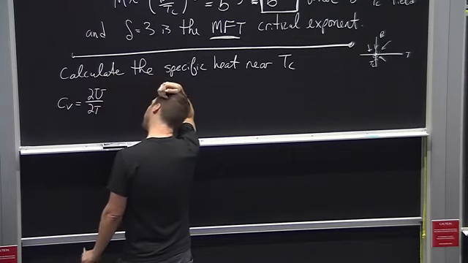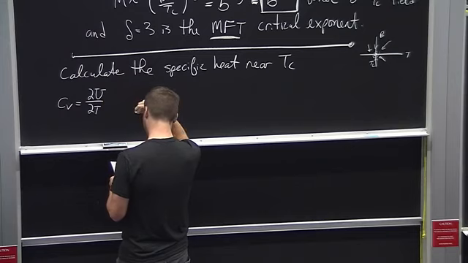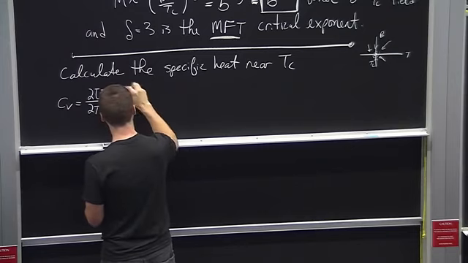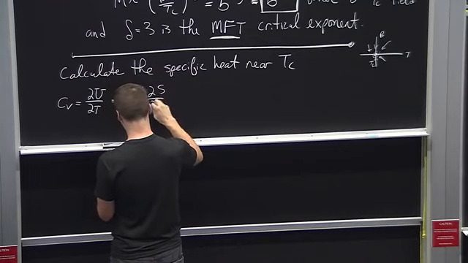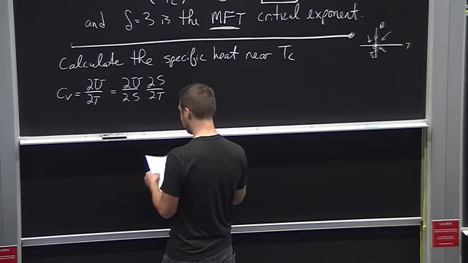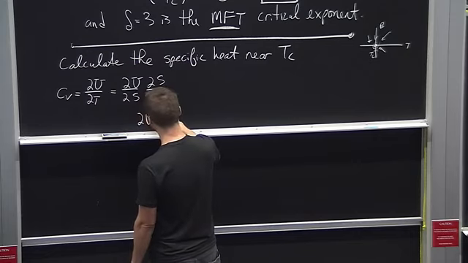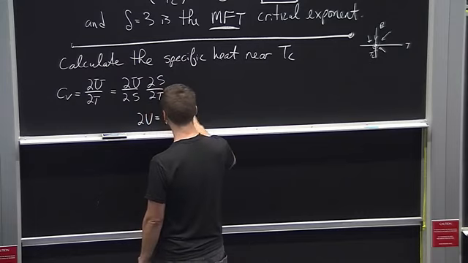So that's the partial derivative of the internal energy with respect to temperature at fixed volume, say. Let me write that in terms of the entropy. Those are all at fixed volume, but partial U is just T partial S, right?